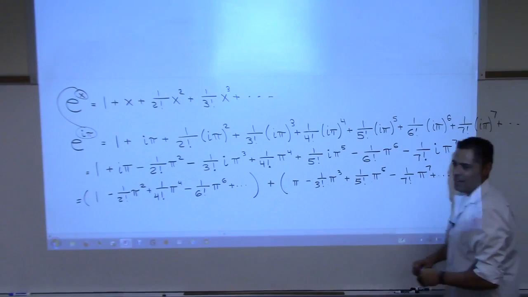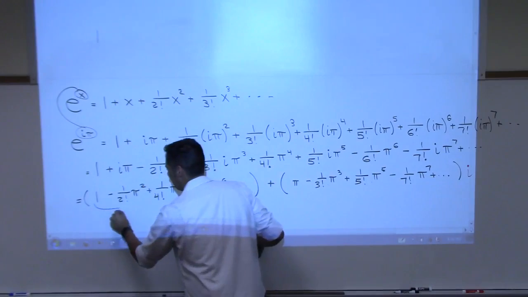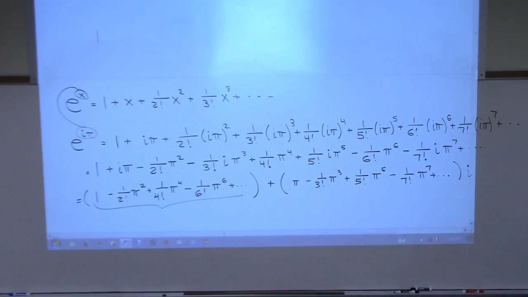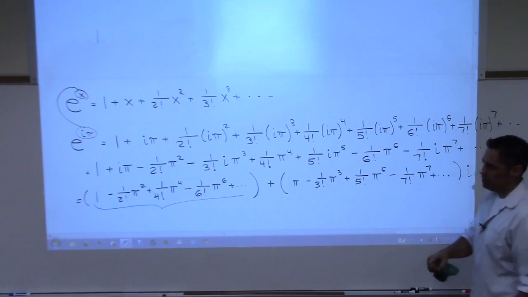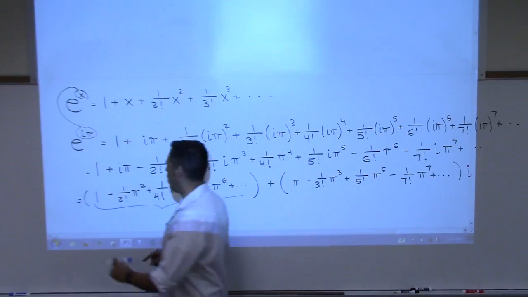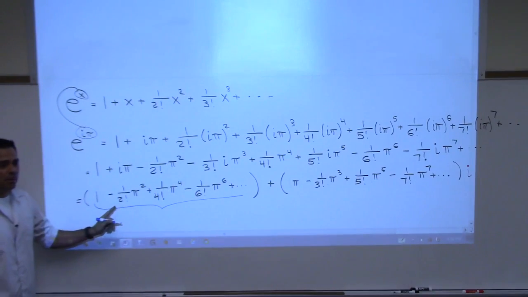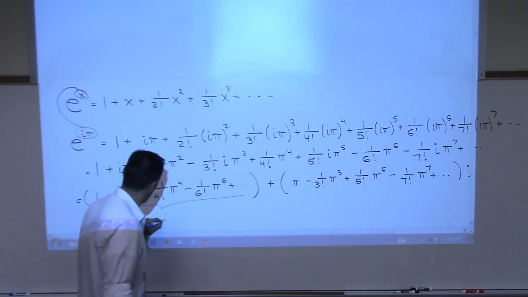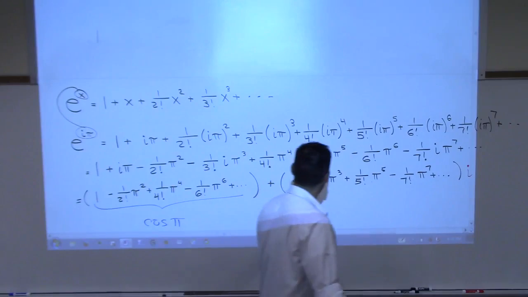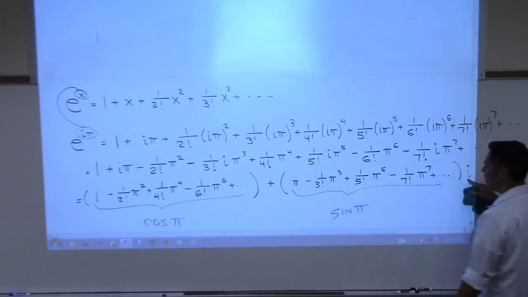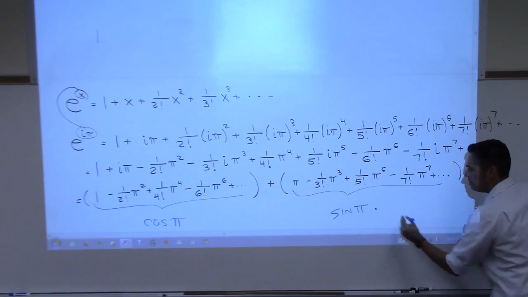Do you recognize this? Close? They're even powers. They're all even powers. Isn't this cosine? This is cosine of what, though? Cosine of pi. And do you recognize this? This is sine of pi, but then times i.